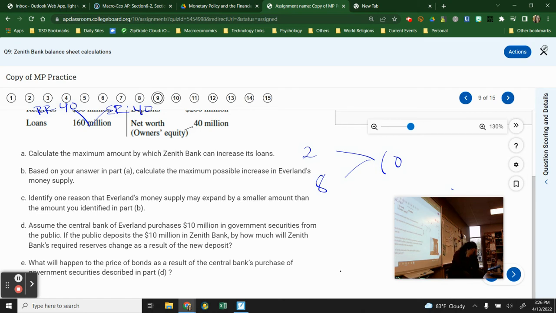No, because they're not saying they're buying bonds from the Zenith Bank, they're buying bonds from the public, directly from people, which they can do. We've always been doing them with the bank, because most questions are bank, but they can buy them from the public, and then the public is taking that money they got and depositing it.